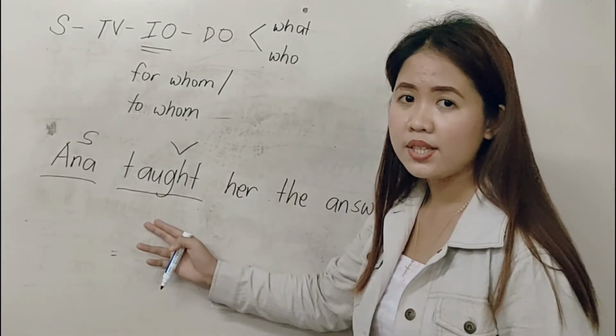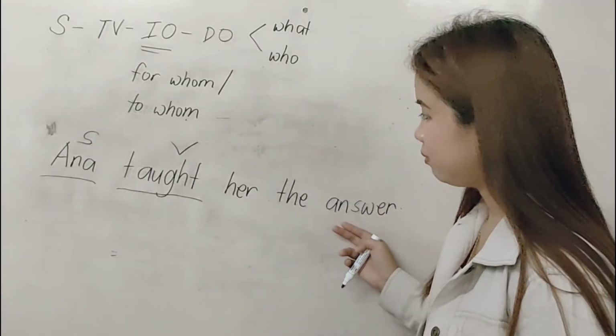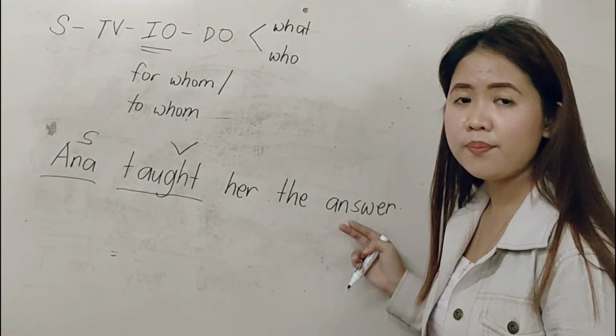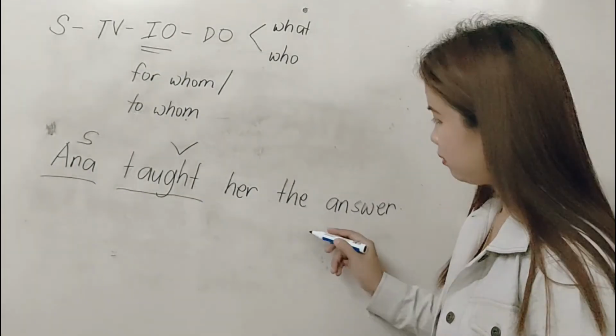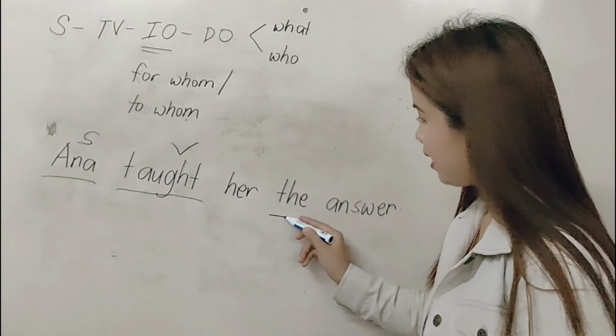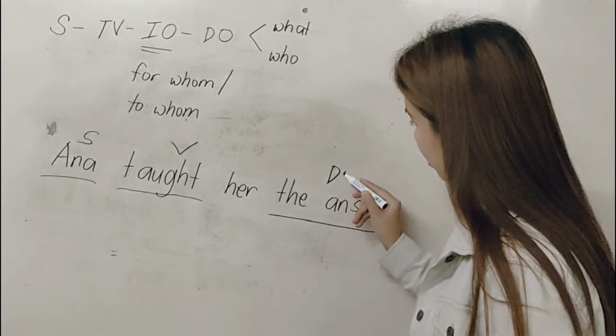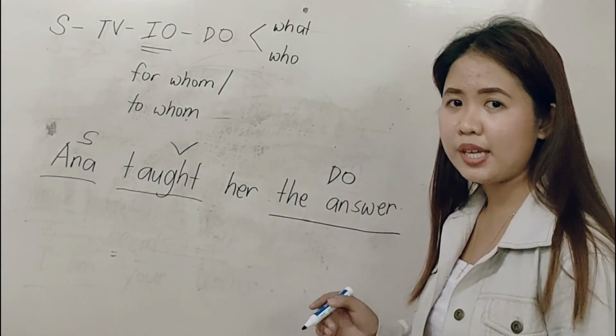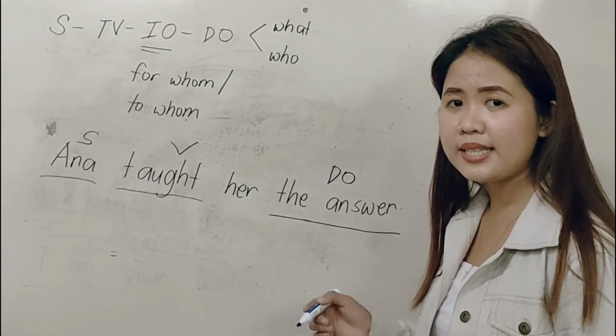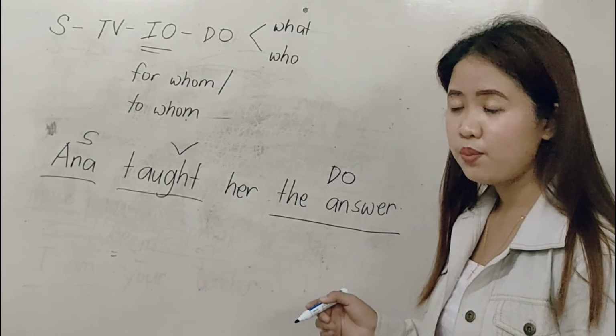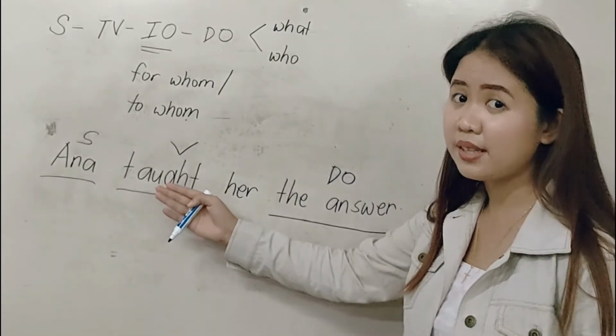Anna taught what? Ano ang itinuro ni Anna? We have the word here, answer. This is considered a direct object. And if we have a DO or direct object in the sentence, we have a transitive verb.